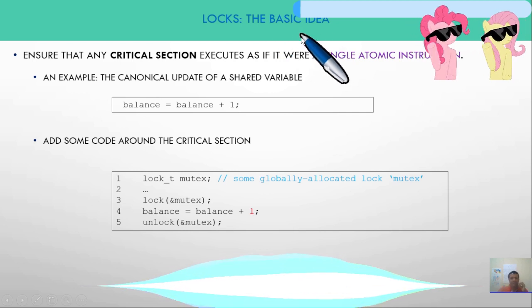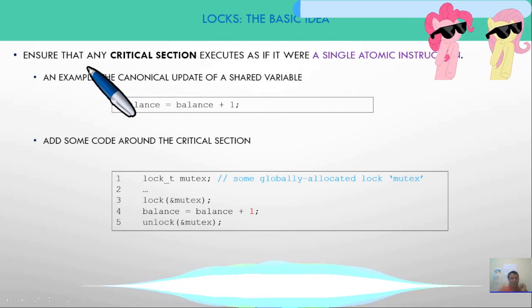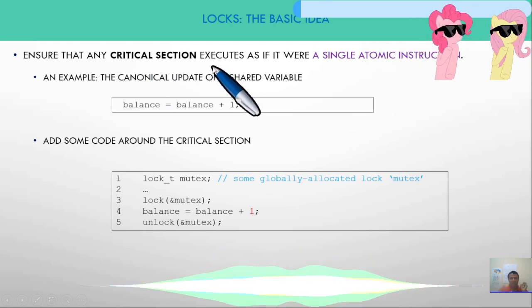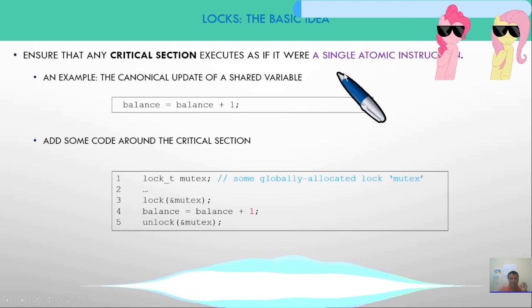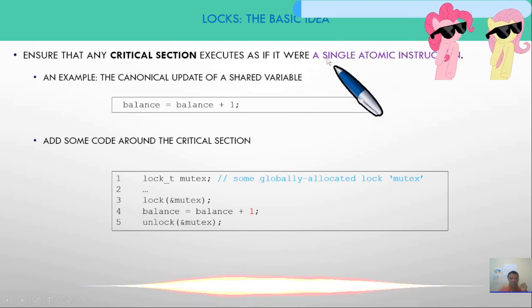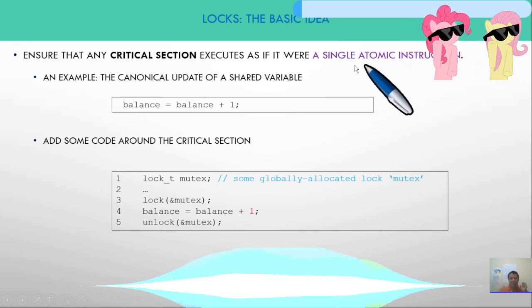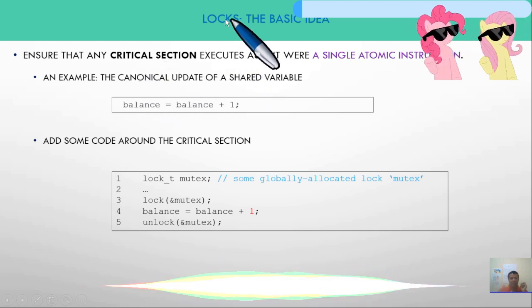The basic idea of locks is to ensure that any critical section executes as if it were a single atomic instruction. As we have seen in our previous chapter, a single atomic instruction would have been great, but that is not the case. So in the critical section, we need to have a lock, otherwise we're going to have a problem.